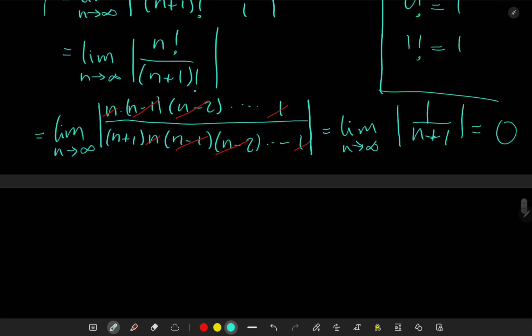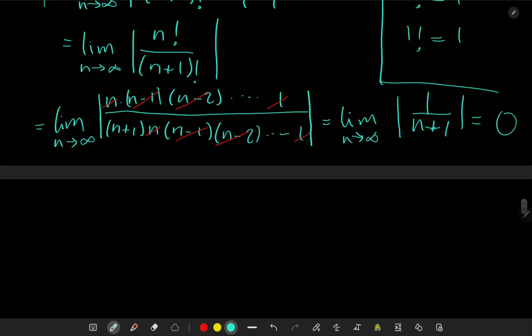So that tells us by part 1 of the criterion for the ratio test that this series diverges. Oh, converges absolutely. What was that? Converges absolutely.